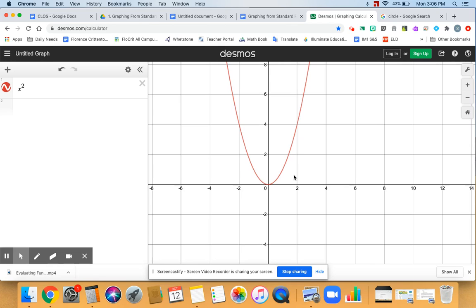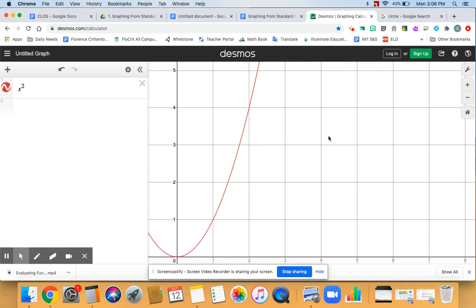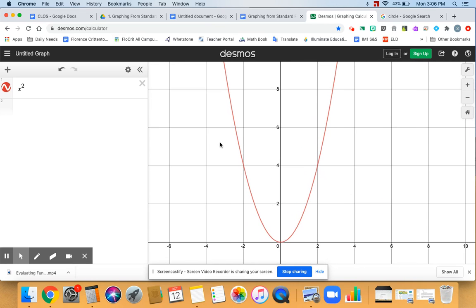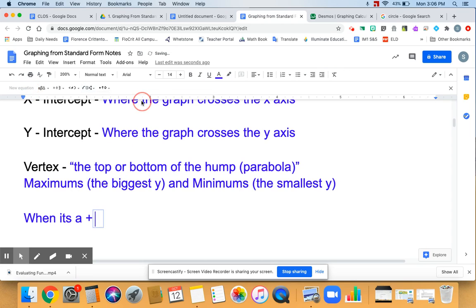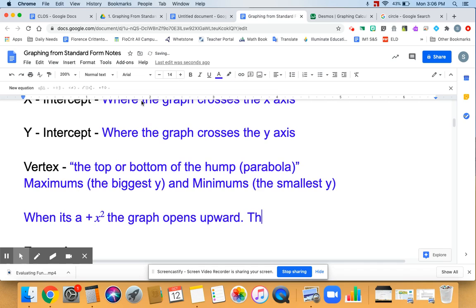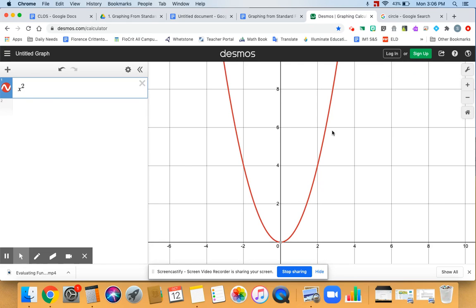So to clarify some words, when the graph is like this and it's pointed up towards the sky, it's called opening upwards. So when it's a positive x squared, the graph opens upward. Therefore, as the graph's opening upward, the vertex is considered the minimum because everything else is going up.